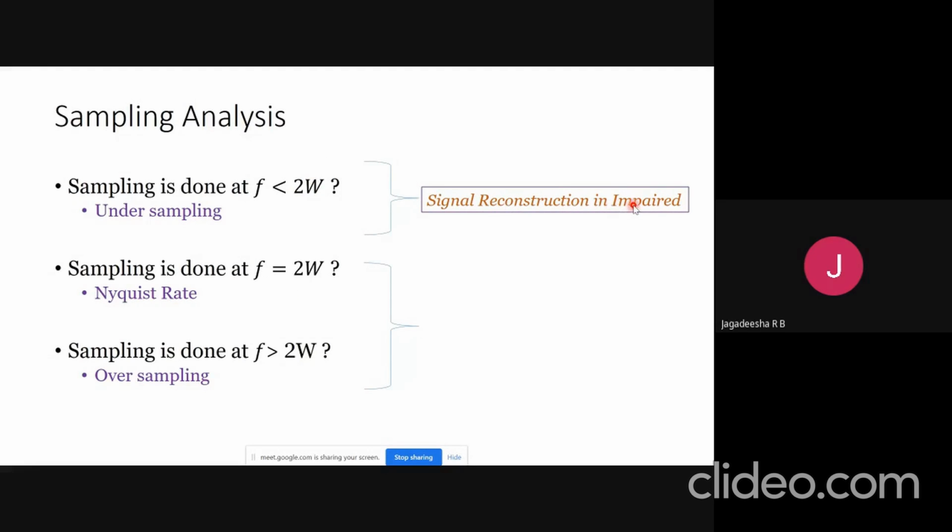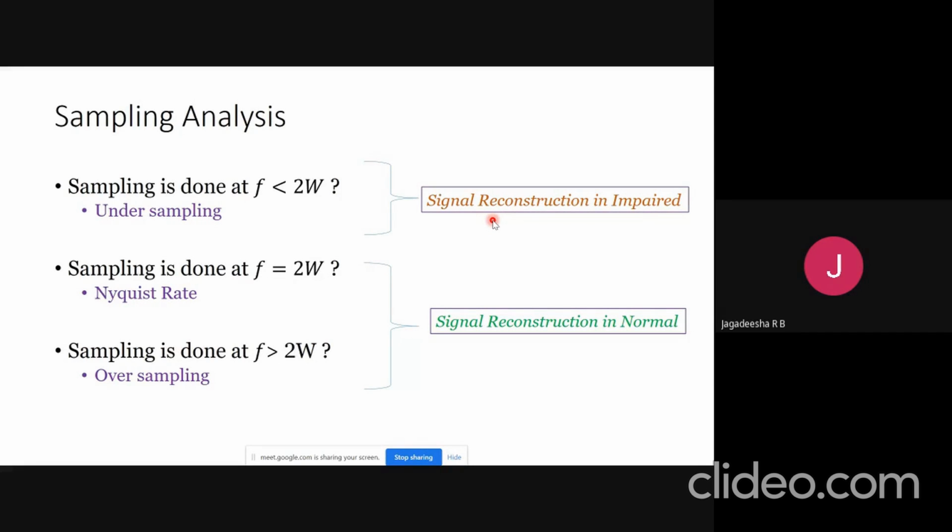That means you cannot reproduce the signal completely in the exact form of the original input signal. But in these 2 cases, the signal reconstruction is normal. That means if you try to reproduce the original signal, you can get almost the original signal. But in this case, it is not possible. This is the discovery of the Nyquist sampling theorem.